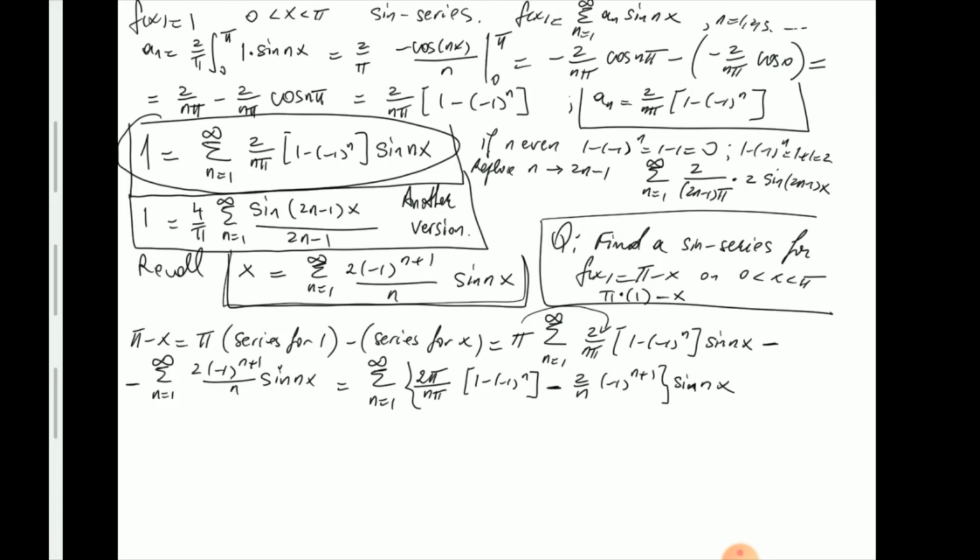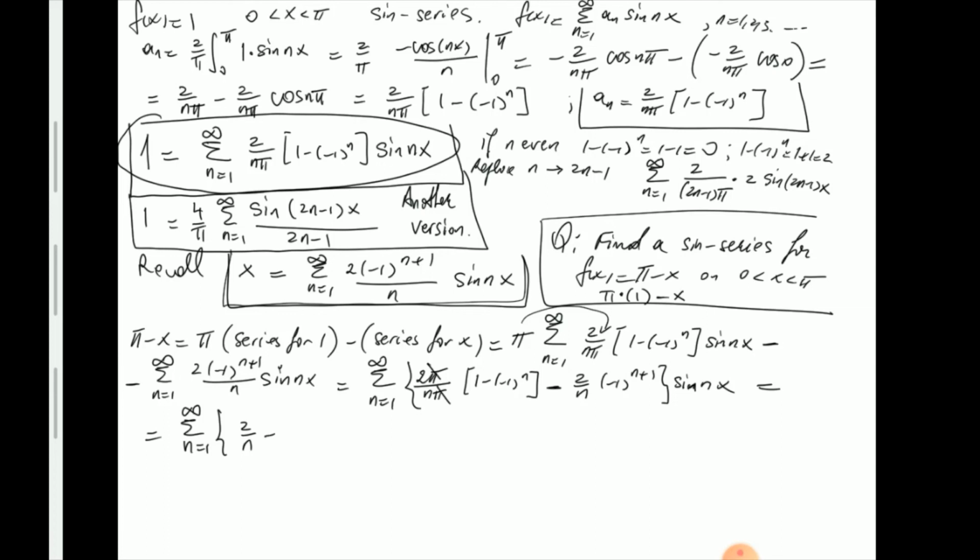You can leave it like that, although if you pay close attention, this can be simplified further without too much effort, because pi cancels over here. And pay attention here, when I distribute 2 over n, I get 2 over n, and then this minus 1 to the n, I can make it plus minus 1 to the n plus 1. So I can combine minus 1 with minus 1 to the n.